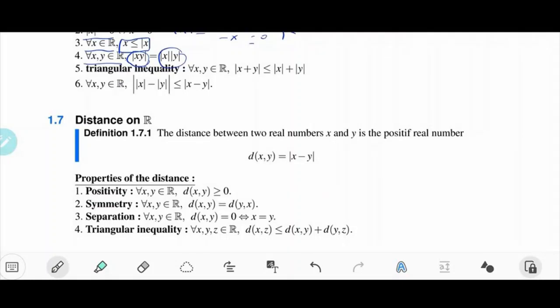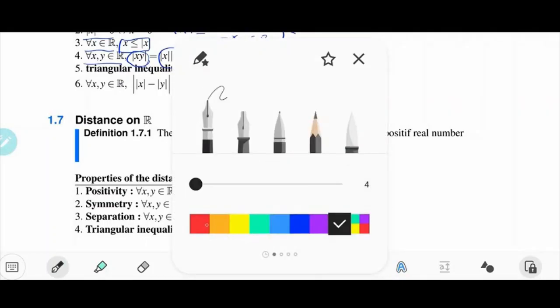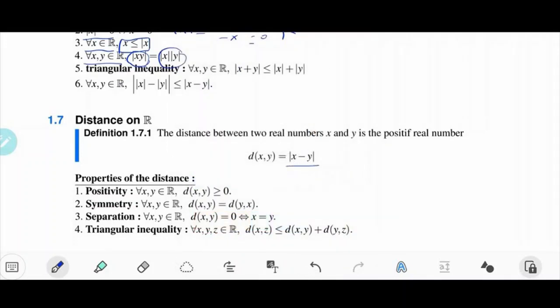Now to finish this part, I will talk about the distance in R. What's a distance in R? When we define the numbers, we put them in a given order on the axis. Therefore, we'll define a distance, which is the magnitude of, if you want, the length of the segment between two numbers x and y. So I defined the distance between two numbers x and y as being the absolute value of x minus y.